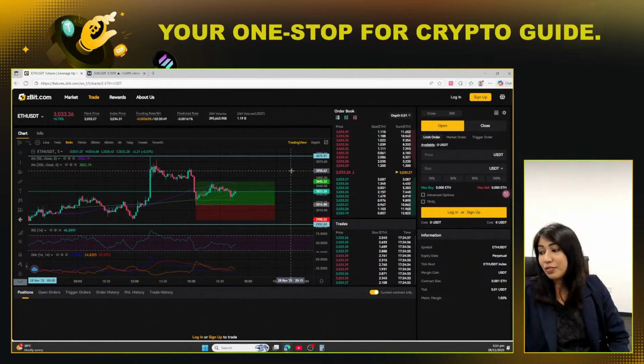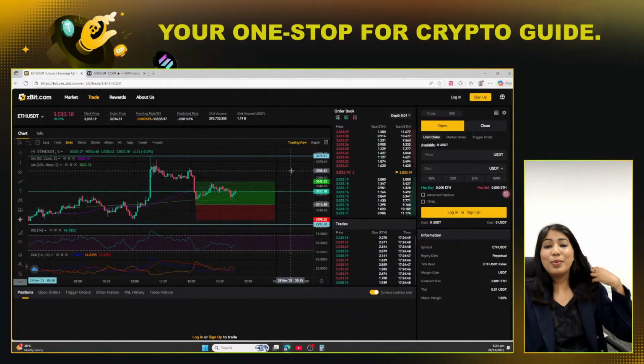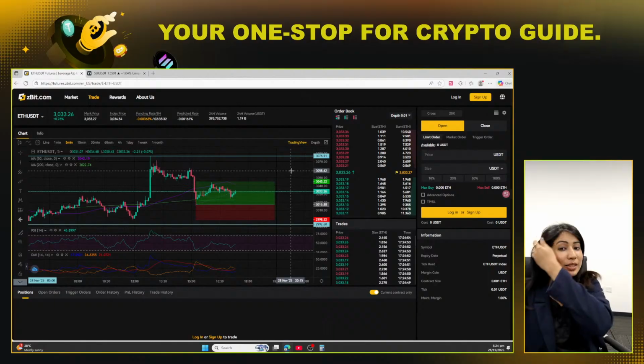But here it is a 50-50 chance, because 200 is below and the 50 moving average is above. Because price is ranging between both those averages, the probability of it going up and down is 50-50 only. Either it can go down, or it can go up.